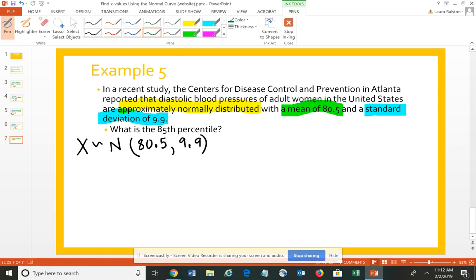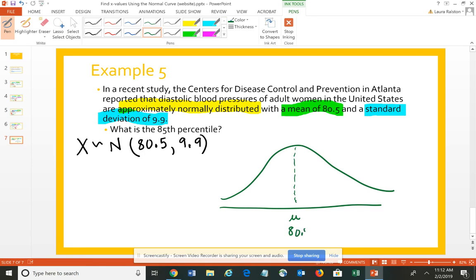So I would have my horizontal axis, bell-shaped distribution. The mean is in the middle, which is 80.5. Remember, the mean divides at 50-50. We're trying to find the 85th percentile, remembering that percentile means the percentage below.